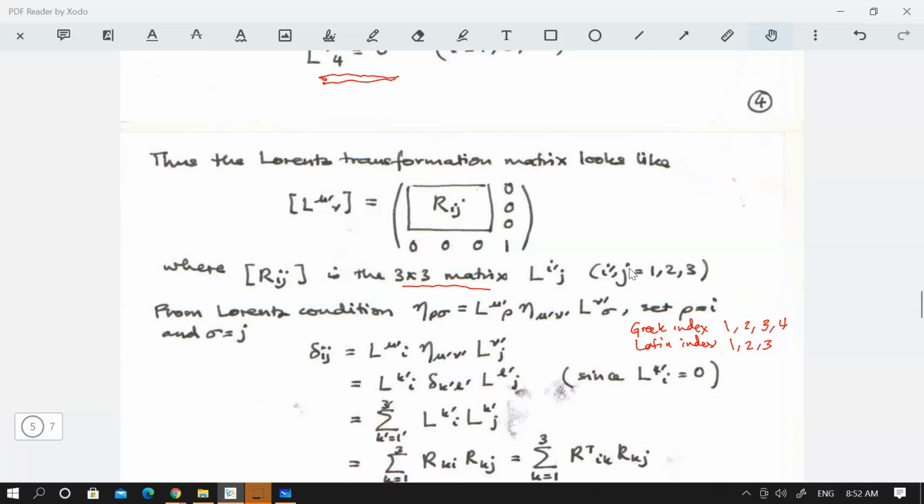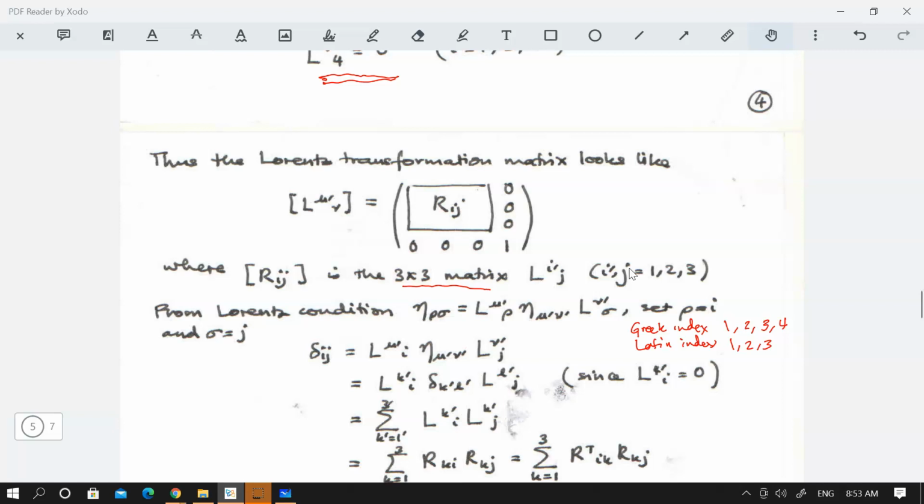So let's consider that. Once you fix rho to be I, one can have the other index to be some other number, so generally I can have it to be J, but we also know that it has to be 0 if it's not the same. So I can replace the eta here.